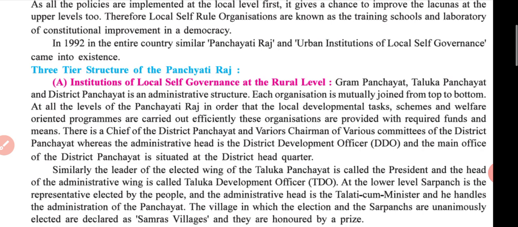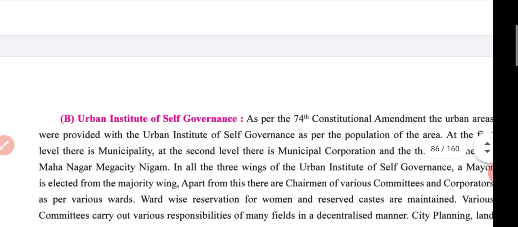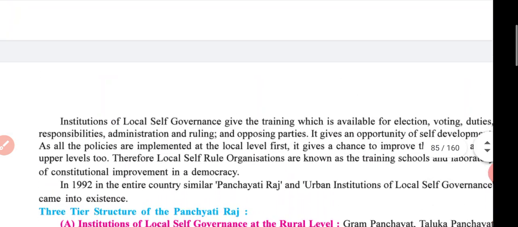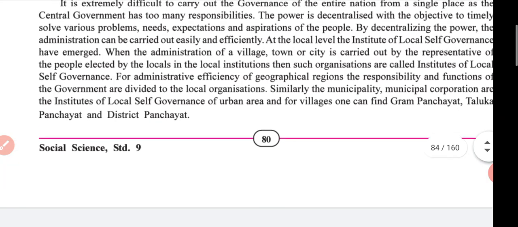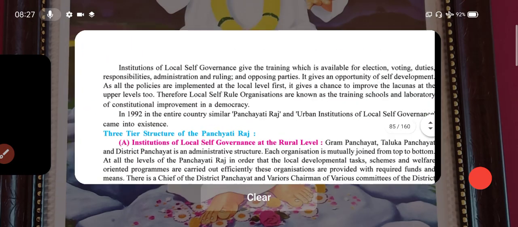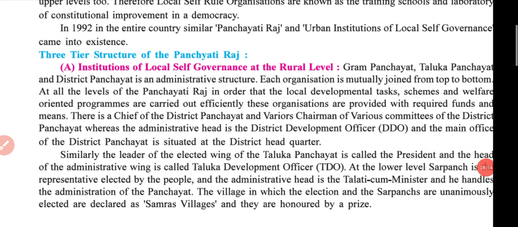So the first one is the institute of local self-governance at the rural level, and the second one is the urban institute of self-governance. The second paragraph of this is not that important, so we are moving on to the next point, that is the three-tier structure, institute of local self-governance at rural level.